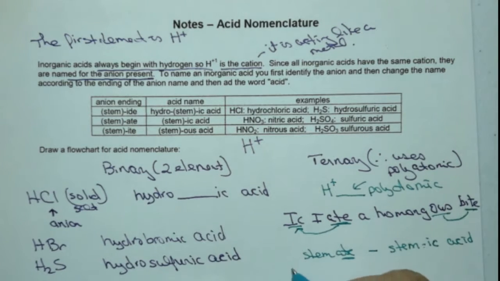For example, HNO3. I see there are three elements. I'm going to write the word acid. I'm going to look up NO3. NO3 is nitrate. I change the ending to "ic." This is nitric acid.